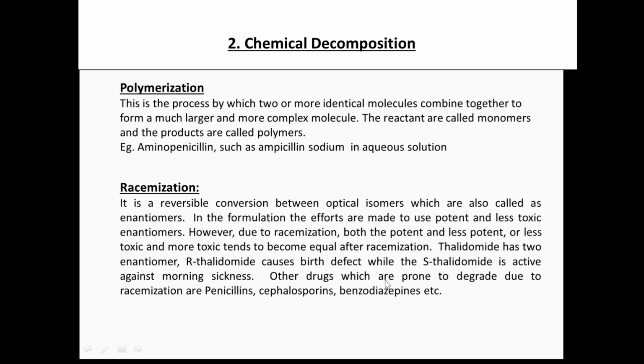So ultimately, the formulation will be toxic. At the initial time there was a higher amount of non-toxic enantiomer, but due to racemization, the amount of toxic enantiomer will increase rapidly. Then ultimately, it will make the drug toxic. So this type of degradation is also very important. It will ultimately make the drug less efficient and more toxic.